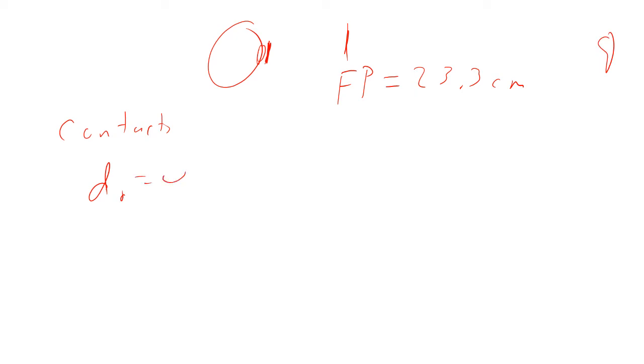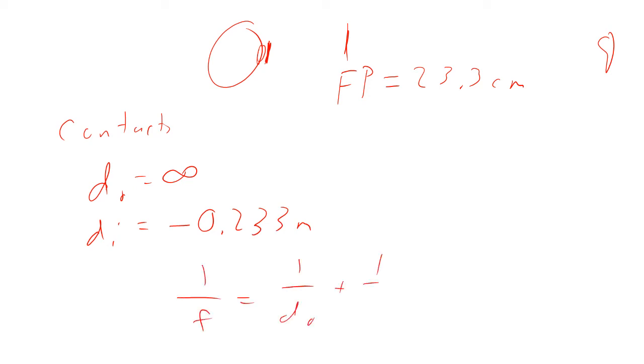So we want DO to be infinity. We want DI to be minus 23.3 centimeters. So that's minus 0.233 meters. And so 1 over f, 1 over DO plus 1 over DI, that's again going to be 0 plus 1 over DI. So 1 over f is going to be 1 divided by that. So that would give us minus 4.29 diopters.